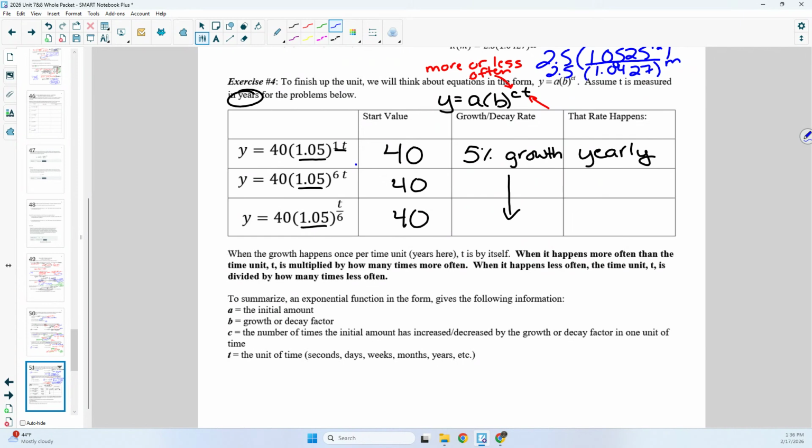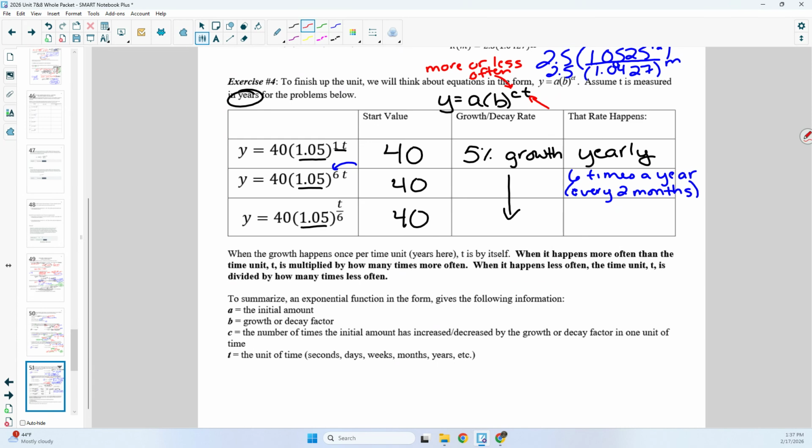If I have a 6t, that means it's happening more often than a year. So this is 6 times a year, or we could say every 2 months. And if we look back at those problems, if something was monthly, we used a 1/12 for the base, and then we had a 12t on the outside to say things are happening 12 times a year. This is 6 times a year with a 6 in.